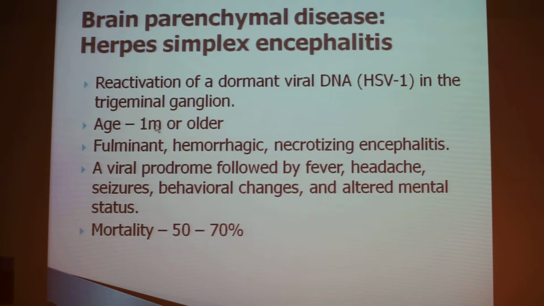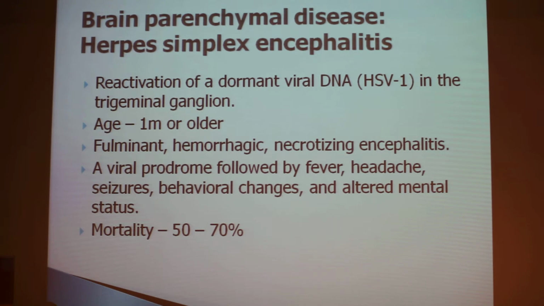And the age should be 1 month or older, because neonates have different type of herpes encephalitis due to exposure during labor. And this is a fulminant hemorrhagic necrotizing encephalitis.